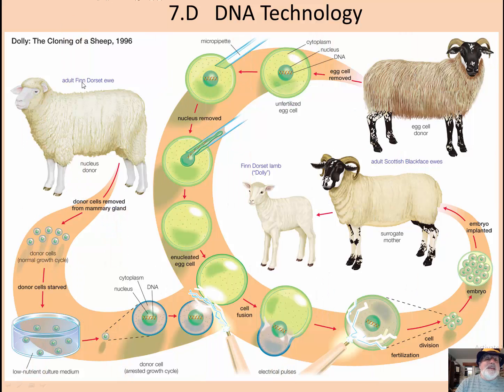Dolly was a Finn Dorset ewe, and what we did is we took eggs out of Dolly's mom, and we put them inside of a container that had low nutrient culture, and then we took the DNA from that cell and we fused it inside of a donor egg from this side, where we took a micropipette, a really small pipette, and sucked out the nucleus.